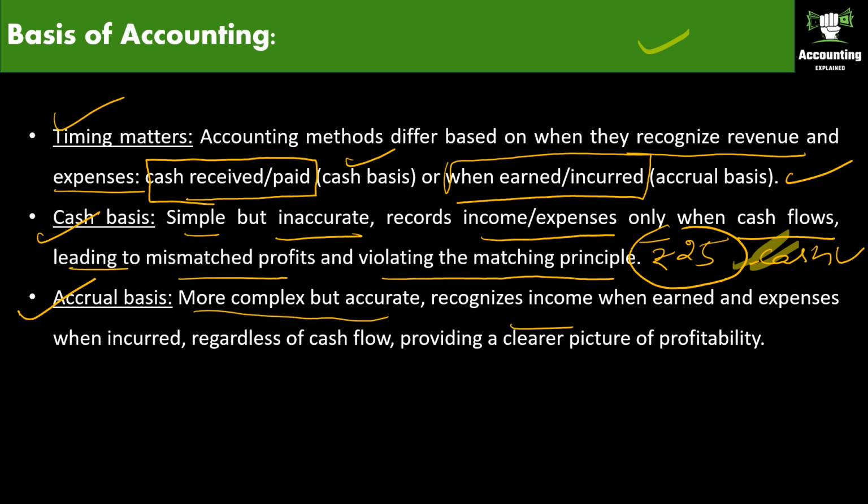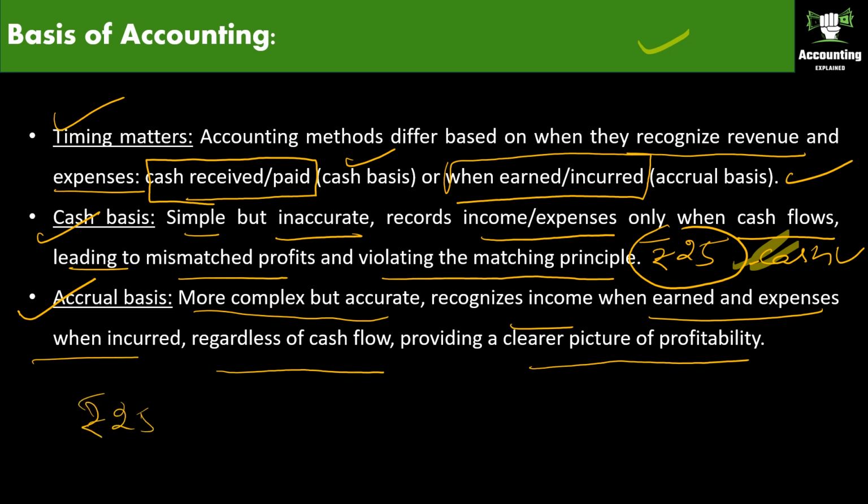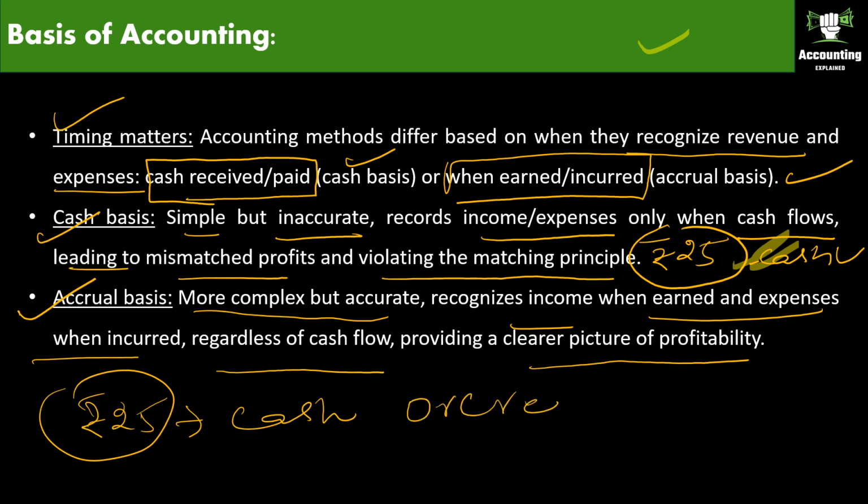Recognizes income when earned and expenses when incurred, regardless of cash flow, providing a clearer picture of profitability. So this 25 rupees tea is recorded whether you are selling it for cash or on credit. Both cash or credit, it is recorded.